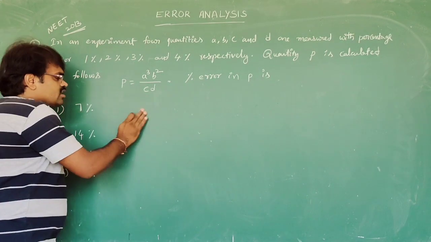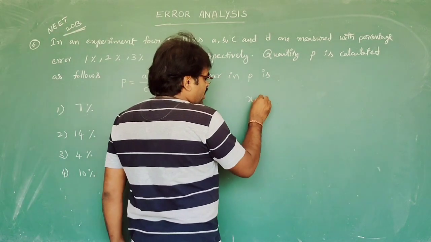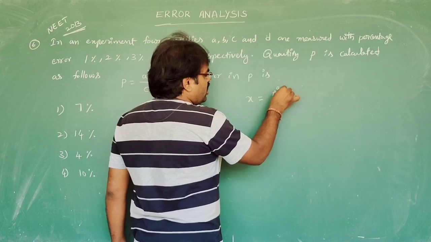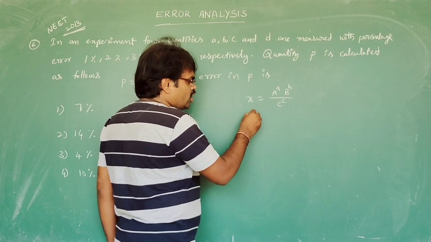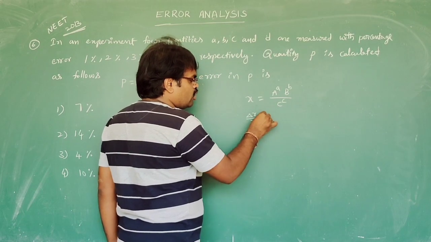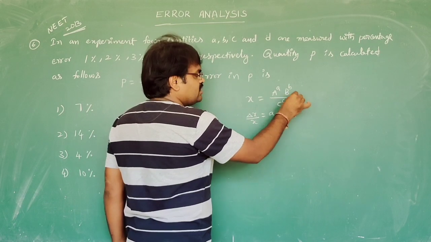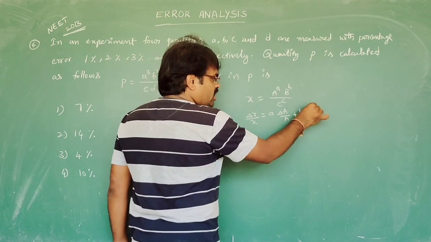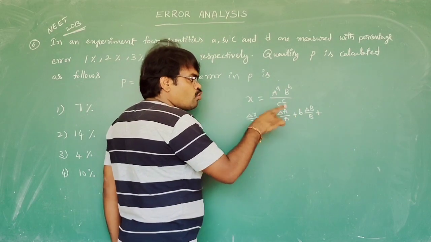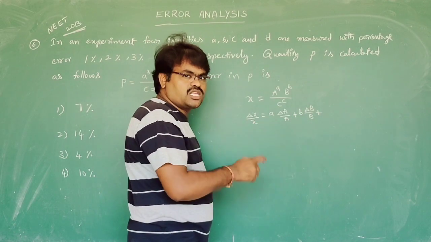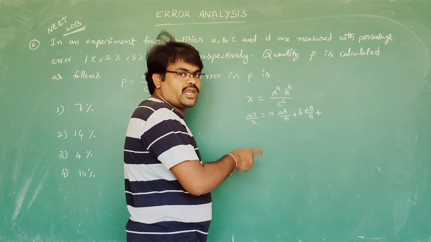Now here, as in the previous problem, you know the formula. X is equal to A power of a, B power of b by C power of c, like this. What do you write? Delta X by X is equal to a into delta A by A plus b into delta B by B plus, here in the denominator also we can write plus only, because we are calculating the maximum percentage error.